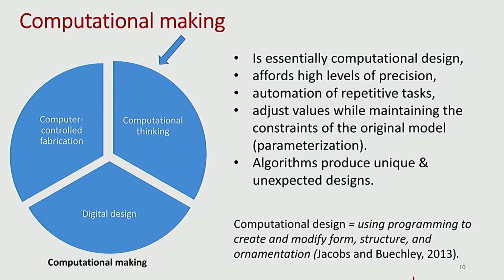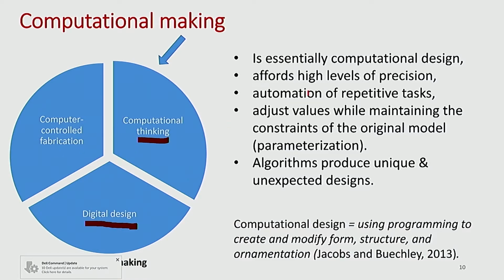Now, I conclude my definitions with a definition of computational making. For me, computational making is computational thinking, so some stuff that comes from computer science and some that comes from use of ICT. It includes, of course, digital design, because the idea in making is that you really make something, and computer-controlled fabrication. So you also need a machine that produces your design.